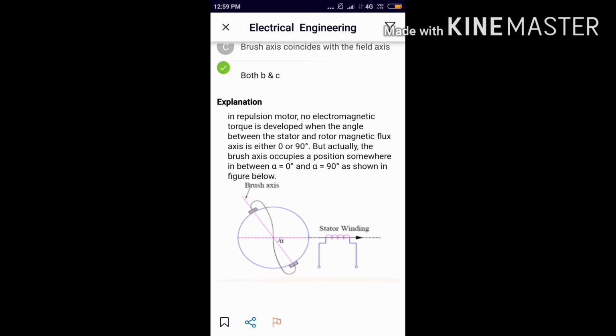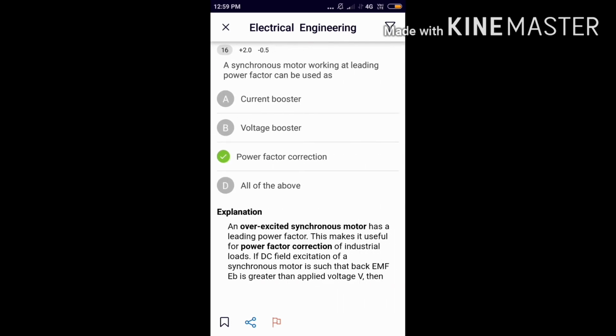But actually the brush axis occupies a position somewhere in between. Alpha is equal to 0 degree and alpha is 90 degree as shown in the figure below. See the figure clearly. That is stator winding.